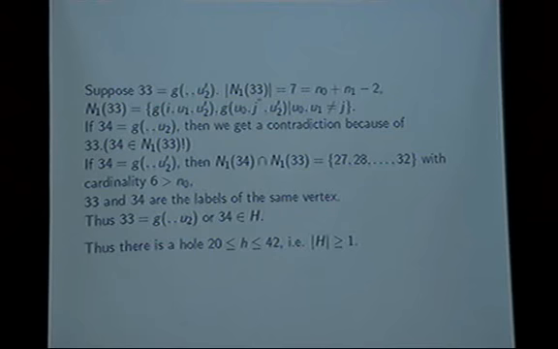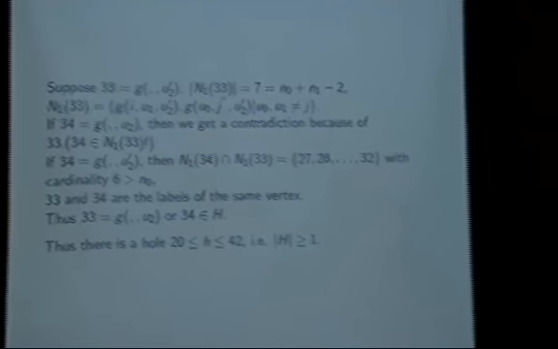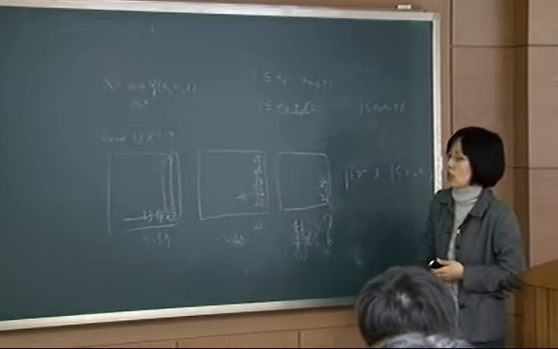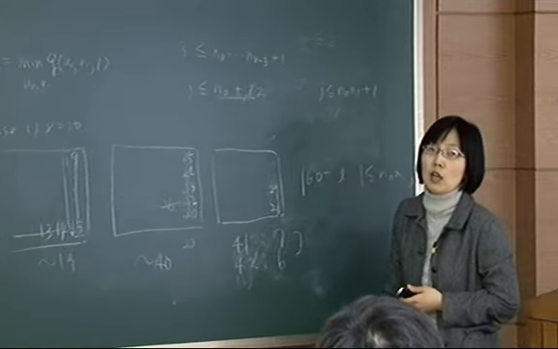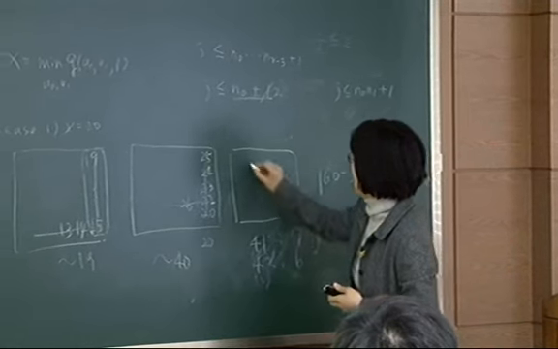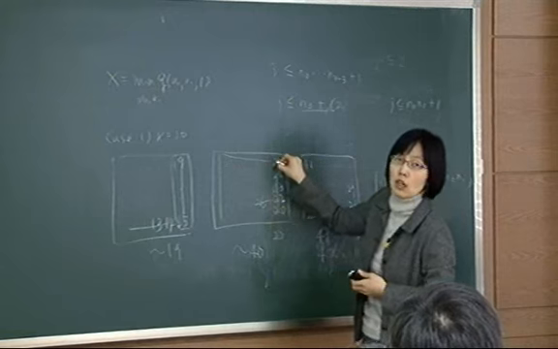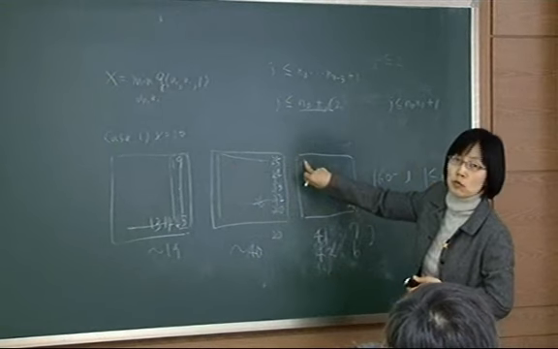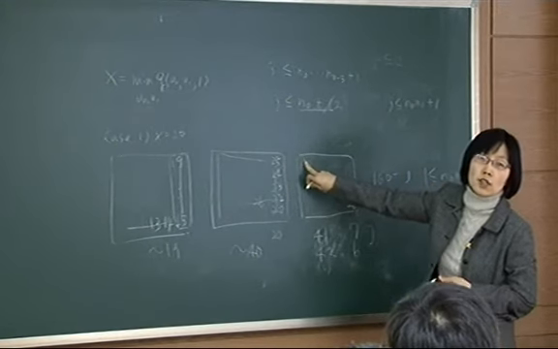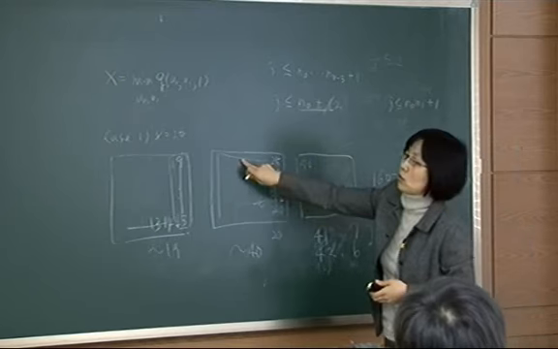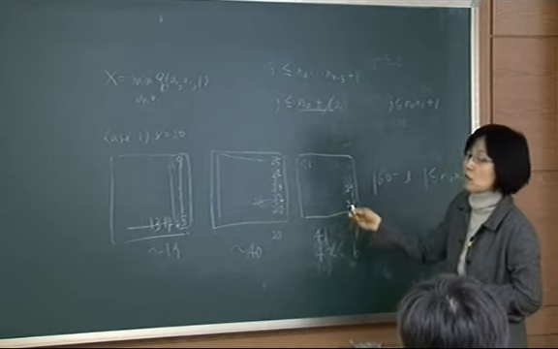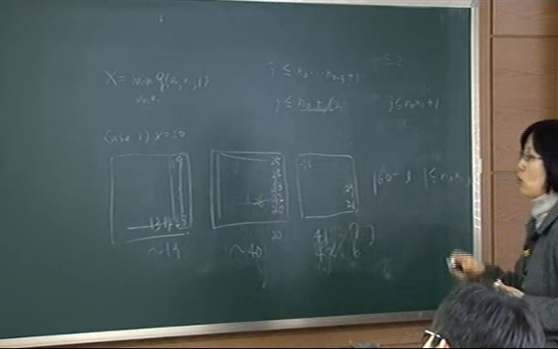So then the first element has 7 lower neighbors, and 42 has 6 neighbors. They are all in common. So then if 41 is here, then their neighbors all stay here. But 42 also should be here in that case. So that's a problem. So at least one of these should be a hole.